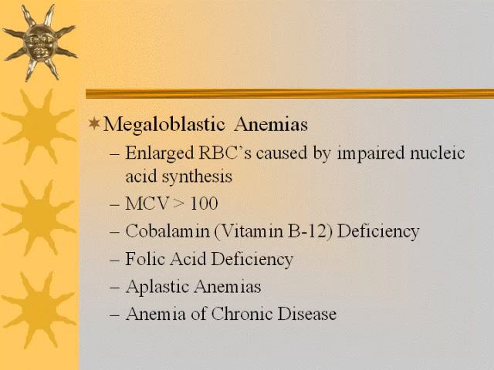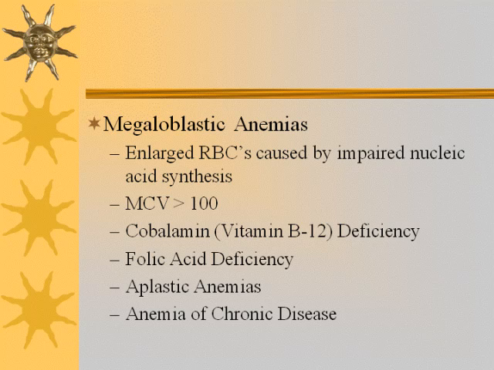Some other nutritional anemias are characterized as megaloblastic because usually the red blood cells are very large. The MCV is greater than 100. These would be your macrocytic anemias, usually with vitamin B12 deficiency, folic acid deficiency.